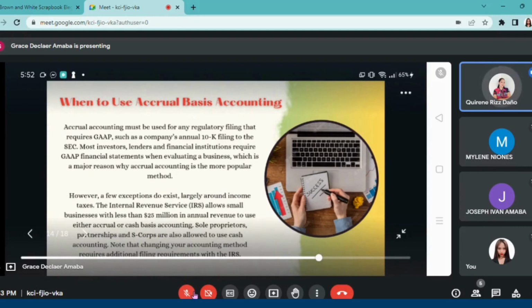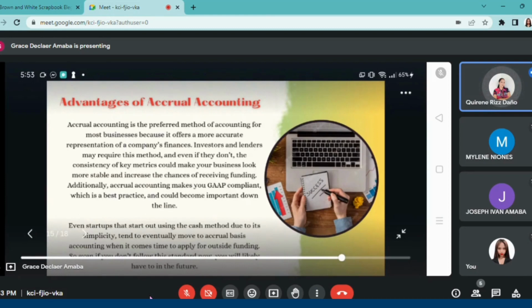It provides a more accurate presentation of a company's financial position and performance by matching revenues with the expenses they generate. Accrual basis accounting is required for publicly traded companies and is generally considered more comprehensive and transparent than cash basis accounting. It is particularly useful in measuring long-term financial stability, facilitating comparisons across different accounting periods, and adhering to generally accepted accounting principles. Next.